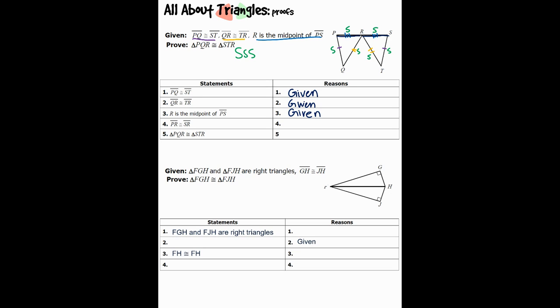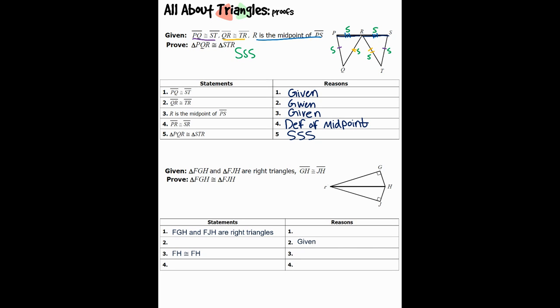So those are congruent because of the definition of midpoint. And so finally, PQR is congruent to STR by what? By our theorem SSS. And it is that easy.